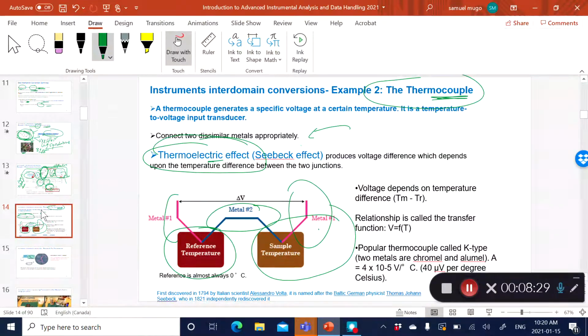And sometimes people call it the Seebeck effect, based on the person who discovered it around the 19th century. So it's a very, very old premise. And as you can see, the temperature gets converted into voltage because of the thermoelectric effect.